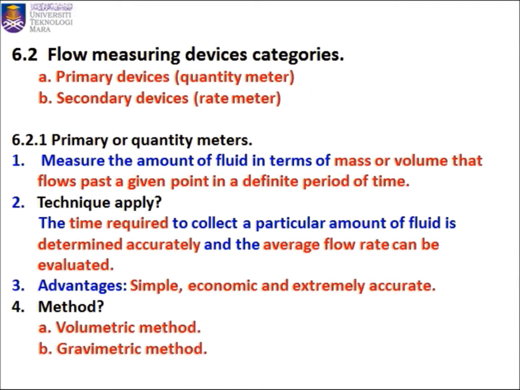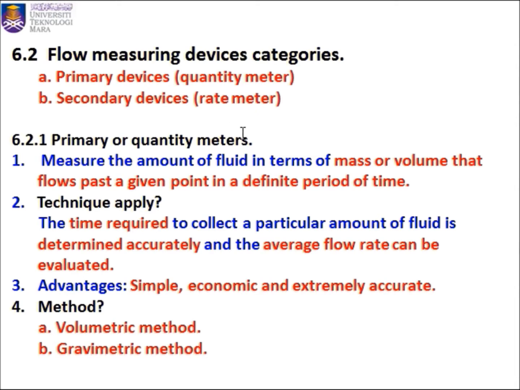So next we move to flow measuring device categories. We have two categories: the first one is the primary devices, which are quantity meters, and the next one is secondary devices, which use rate meters. So let's go to primary or quantity meters first.